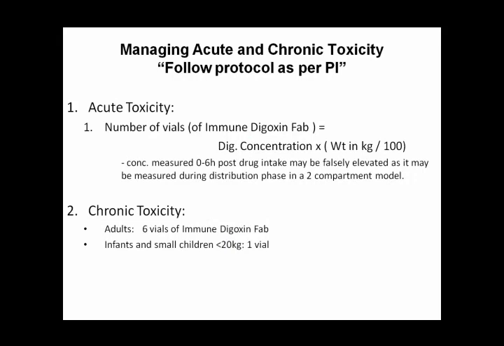The management of acute and chronic toxicity will be by using immune digoxin Fab, DigiFab. And the treatment of toxicity is really based on the signs and symptoms, as you don't treat a level, you only treat when there are signs and symptoms of overdose.